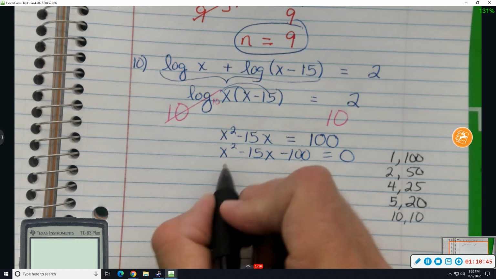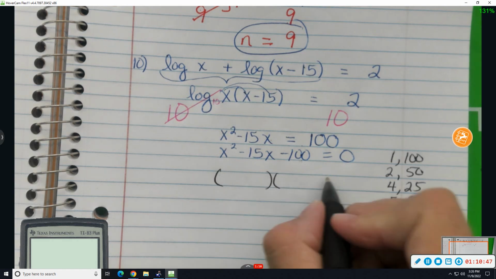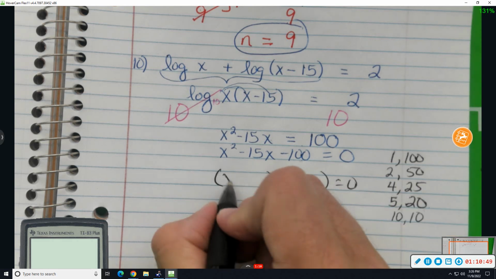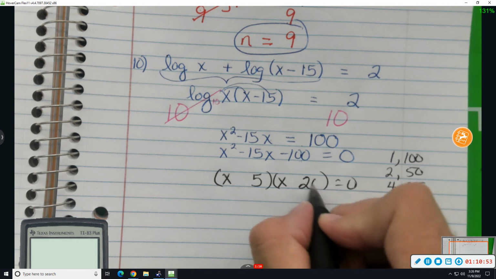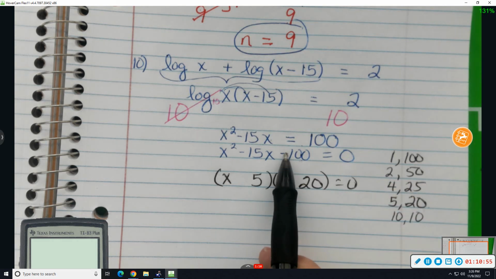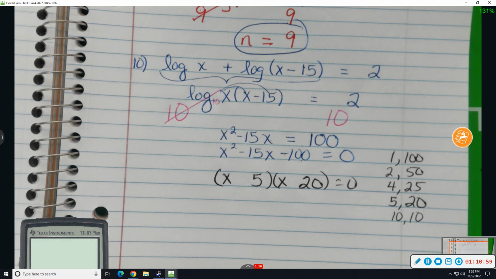Okay. So let me draw my two sets of parentheses. x and x. 5 and 20. Since the second sign is minus, we have a plus and a minus. How should I write it to get a negative 15? Where should the plus go and where should the minus go?